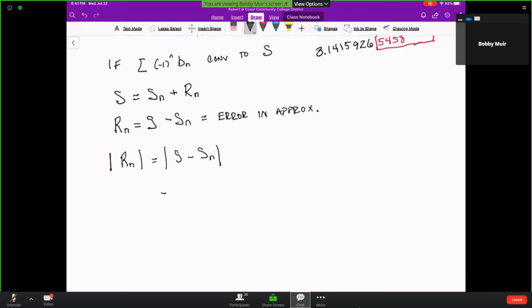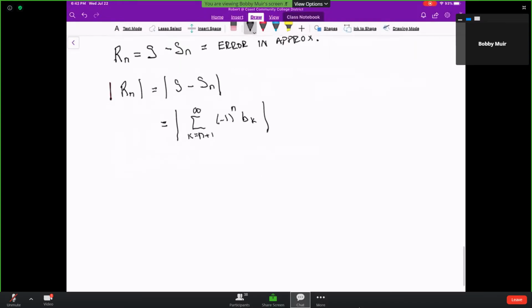When I write in what R_n is, it was the sum from k equals n + 1 to infinity of (-1)^k b_k.